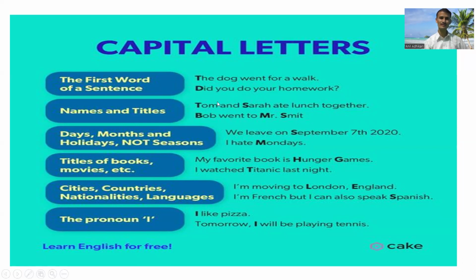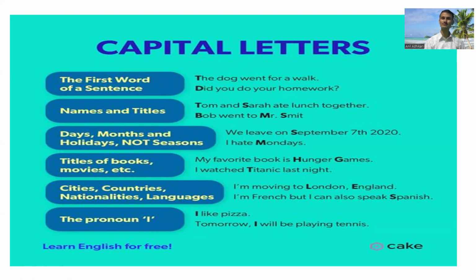Similarly, names and titles. For names and titles, we use capital letters. Tom and Sarah, that is a name. Look at Tom's T and Sarah's S. They are in capital form. Similarly, Bob went to Mr. Smith.